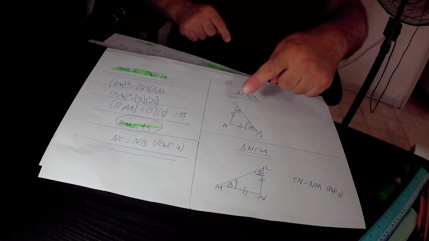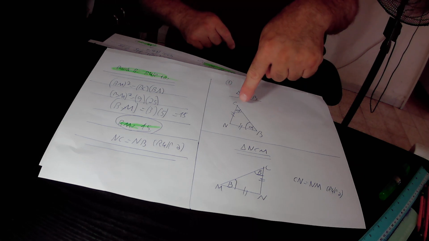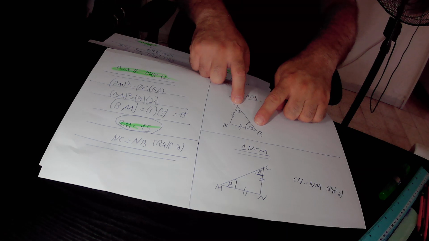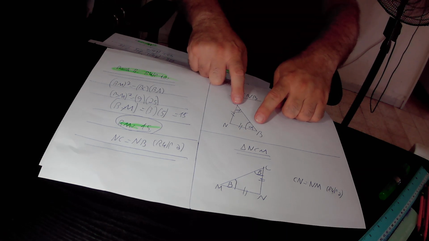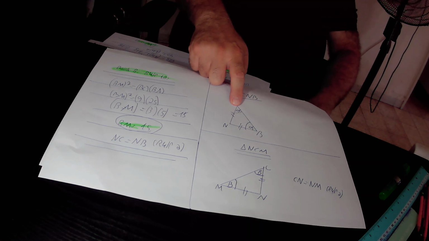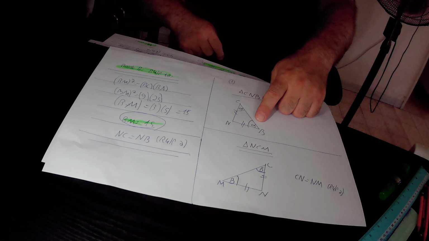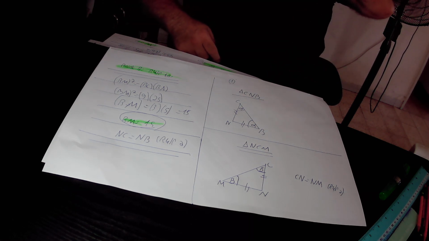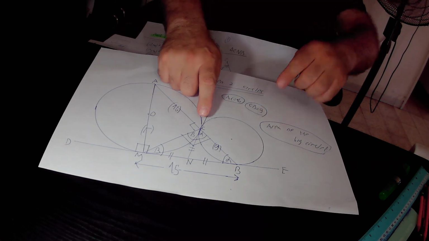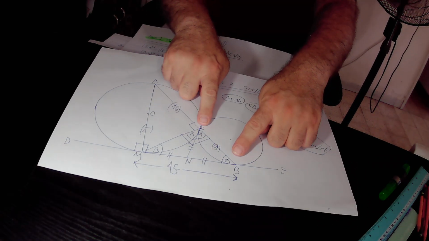Opposite this side NB, we have this angle NCB. Because those two angles are located opposite those two equal sides, they must be equal to each other. So if we define the size of this angle as alpha, then this angle must also equal alpha. Those two angles are both equal to alpha.